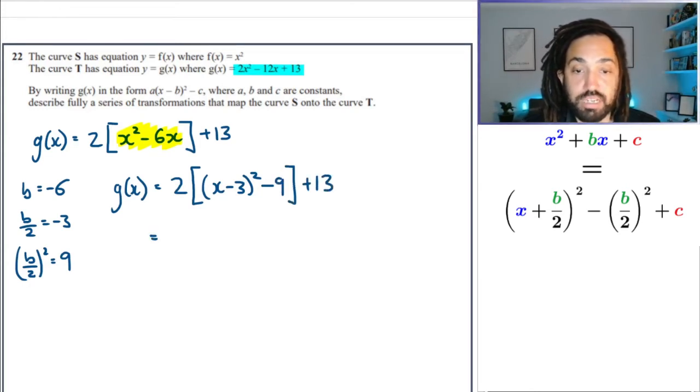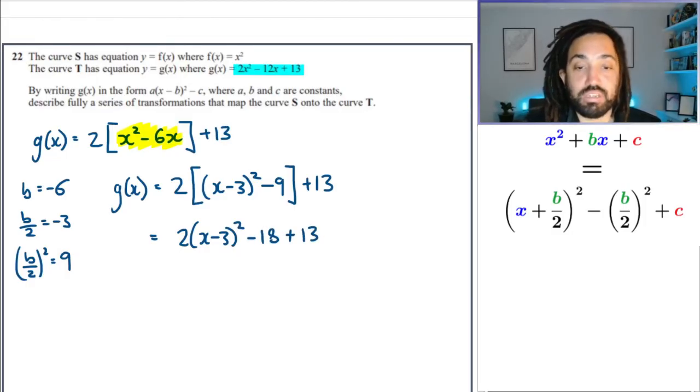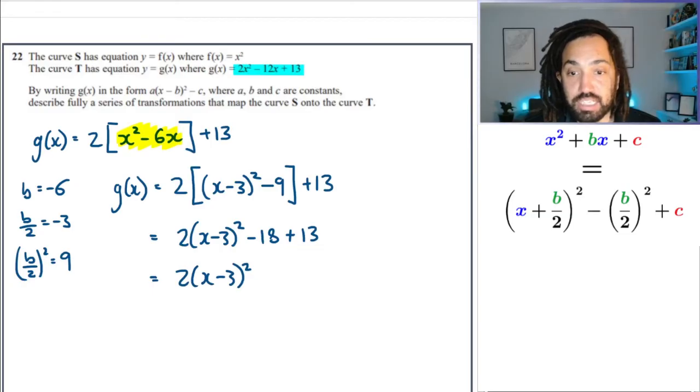We're going to multiply out, so 2 gets multiplied by this square bracket, and it gets also multiplied by minus 9. So we get 2 times x minus 3 squared, and then that is minus 5.